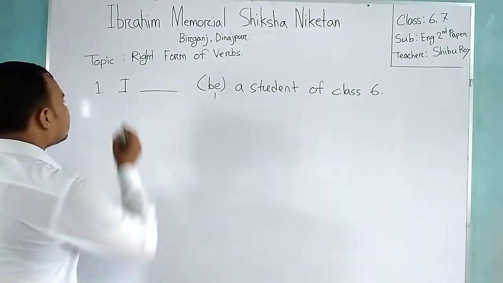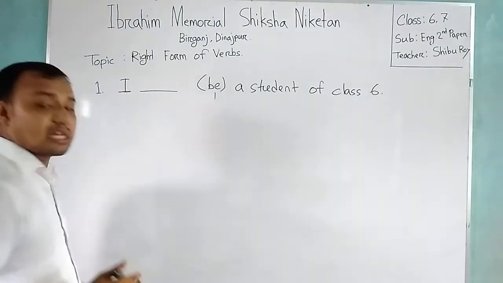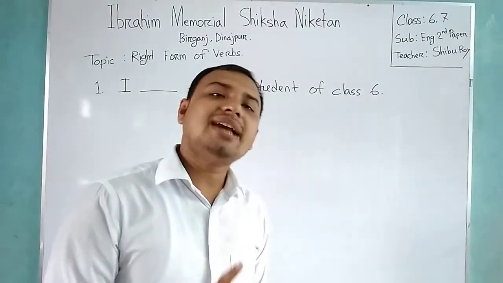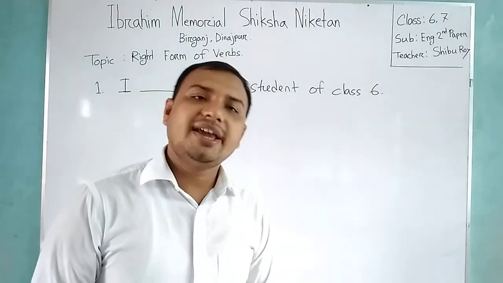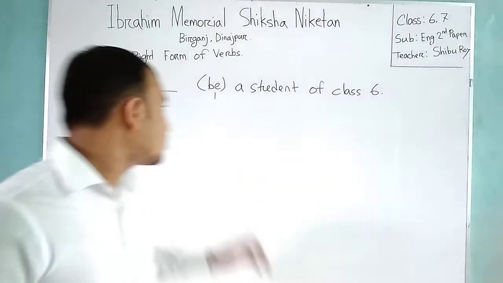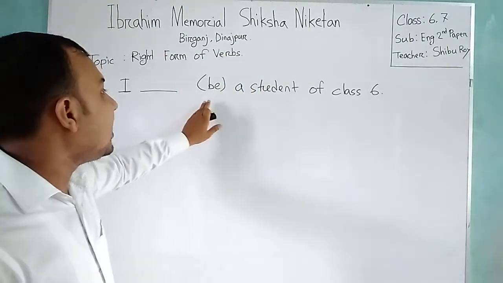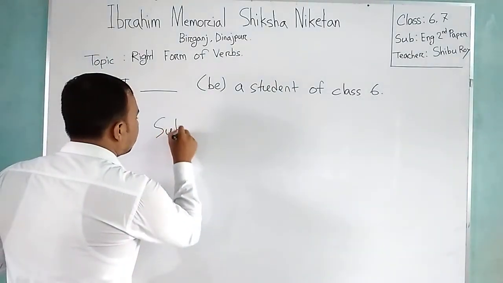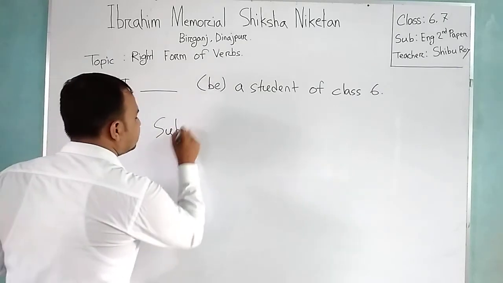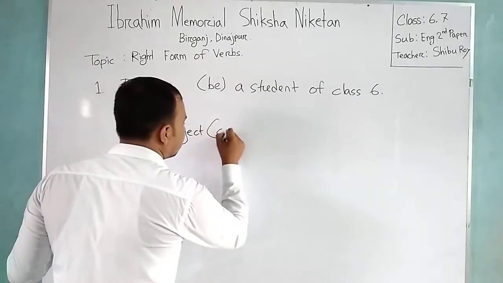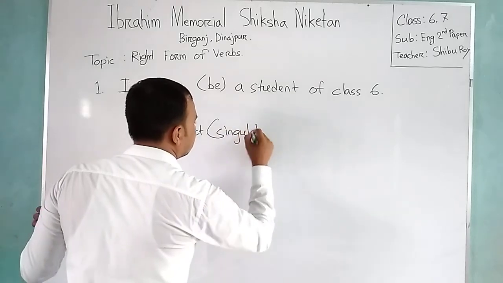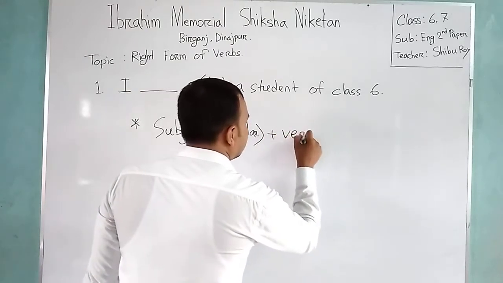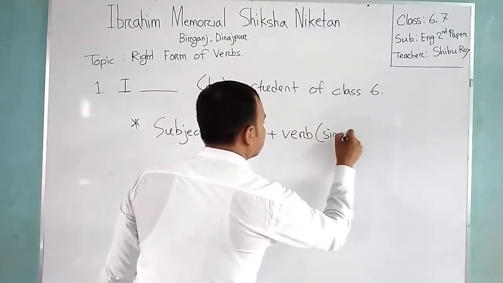So I am seeing here that I is a single person. That means singular number. I is a singular number. So if we find any subject with singular number, write down the rule: subject singular, plus verb singular.